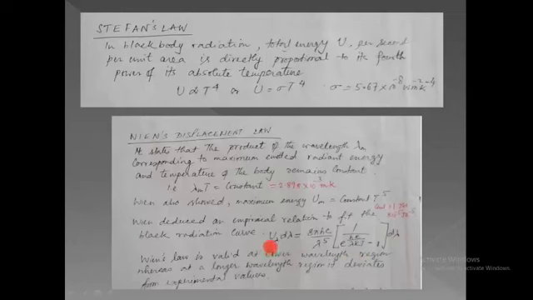This formula stands for U, which is energy density. You remember the y-axis of the plot of the black body. 8 pi h, h is the Planck's constant, c is the velocity of light, lambda to the power of 5, lambda stands for the wavelength, e to the power of h c by lambda k T, k stands for the Boltzmann constant, T is the temperature, minus 1. So he derived this formula.